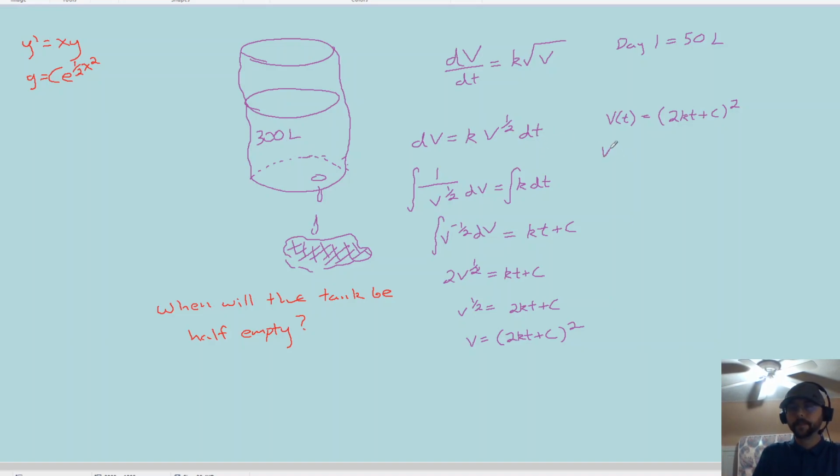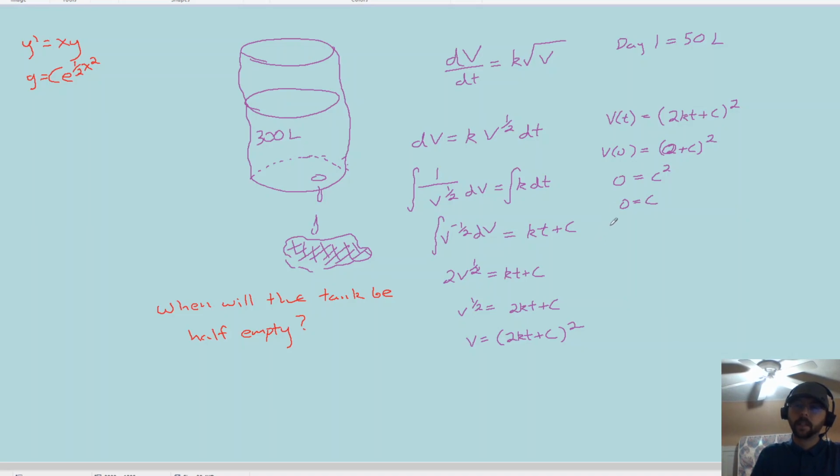So v of 0 equals 2 times k times 0 plus c squared. So we have 0 equals c squared, 0 equals c.